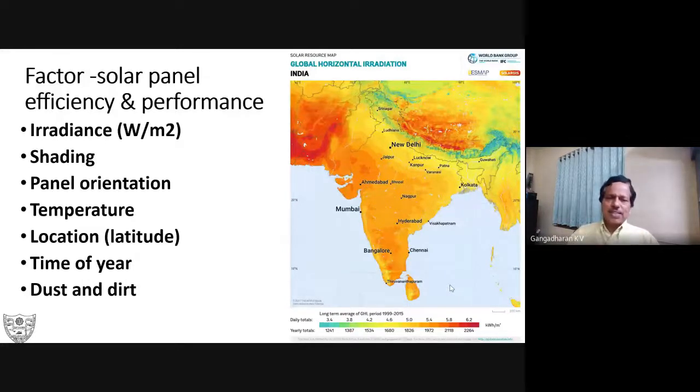So irradiance, that is watts per meter square, that intensity, or is it getting shaded, or panel orientation, did anybody change the panel orientation, or is it wrongly selected; the operating temperature, and when it is powered, what temperature it gives; the location, latitude, where it is; the time of the year; and the dust and dirt. We saw that the last one was a major culprit in many locations when we went and did the inspection.